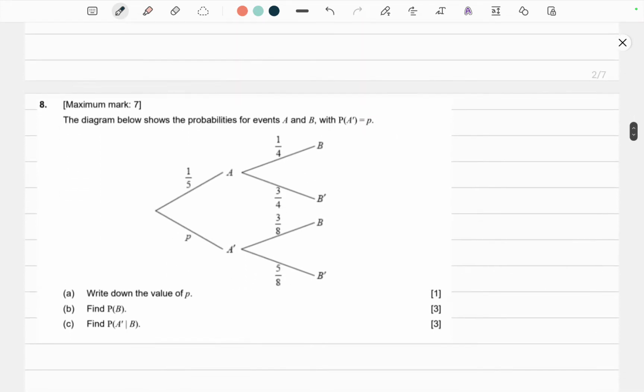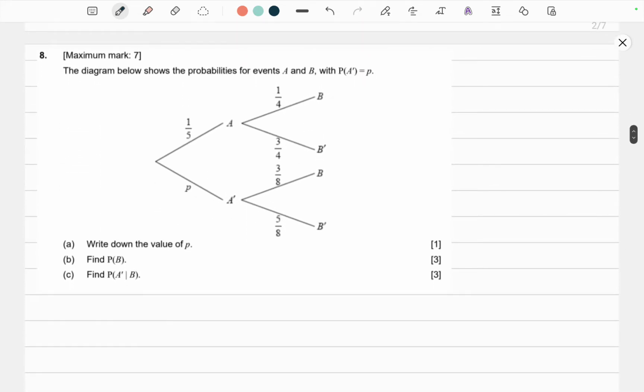I have prepared a question for you. The diagram below shows the probabilities for events A and B, with probability of not A given. As I said previously, here is 1/5, the probability of A, so the probability of not A must be the complementary event.